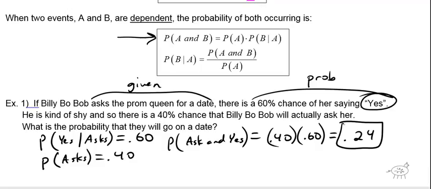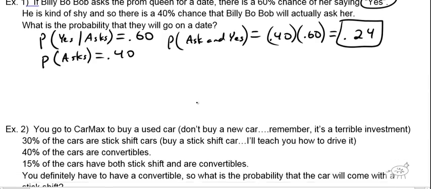And then if he even asks her for a date, that's a little bit more chance that she's going to say yes. So that's why the probability is actually kind of low, because he not only has to ask her, but she's got to say yes. And both probabilities, one's less than 50%, one's greater than 50%. So it's 0.24. So it's pretty low that they're going to go on a date where everything's going to be true. Okay? All right, so let's look at example 2.